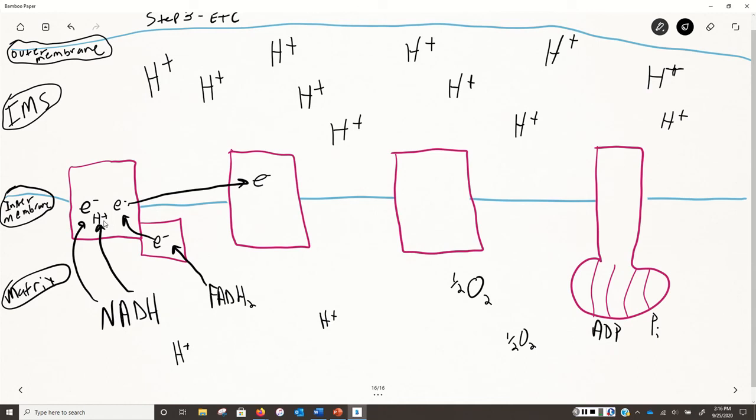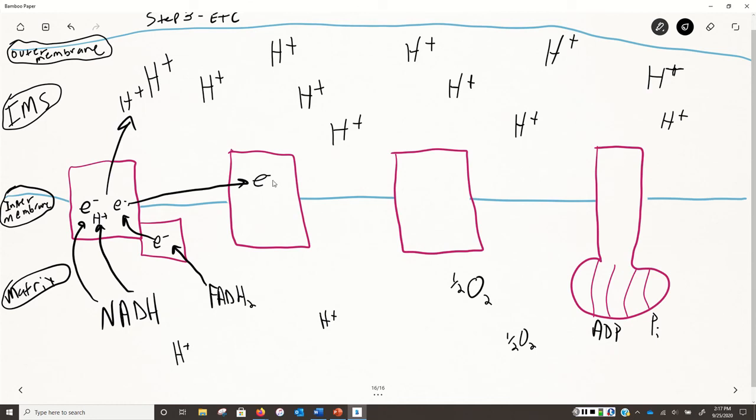But the way that this protein is shaped, protons can enter from the bottom, but they cannot go back out through the bottom. And it's shaped so that they're not able to follow the electron as it moves from the first to the second protein. The only way out is through the top, into the intermembrane space. And that's why there are so many protons up here.